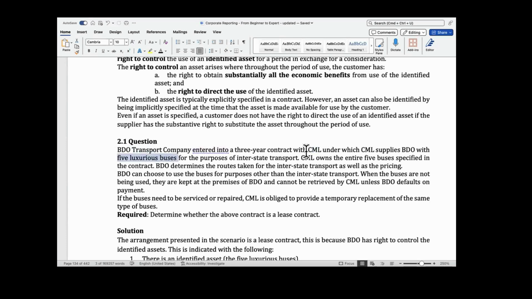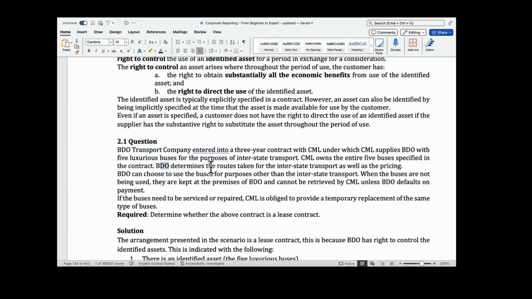And the owner of this asset is CML. The lessee is BDO. We're told that CML owns the 5 buses specified in the contract. BDO determines the route taken for the interstate transport as well as the pricing.